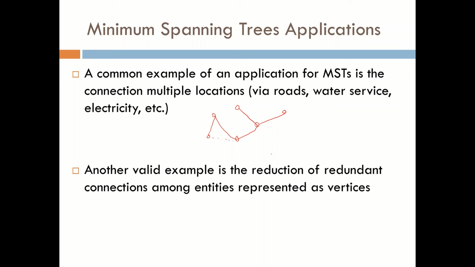Another valid example is one of reducing redundant connections. So this is one where perhaps you start with a graph that may have some cycles in it, and for instance, let's imagine that this is an airline and they've fallen on hard times, and they own these 5 hubs, and they could fly across these 5 hubs however they wanted to, but now they have to reduce costs.